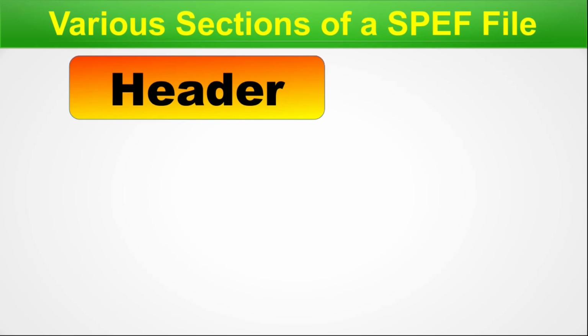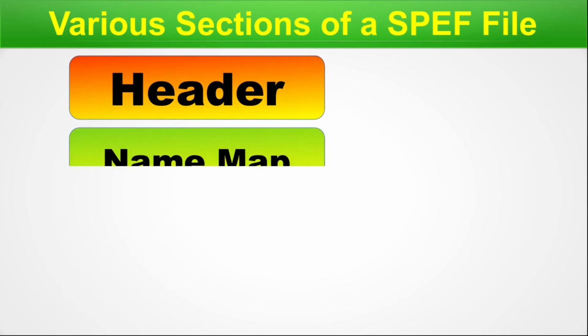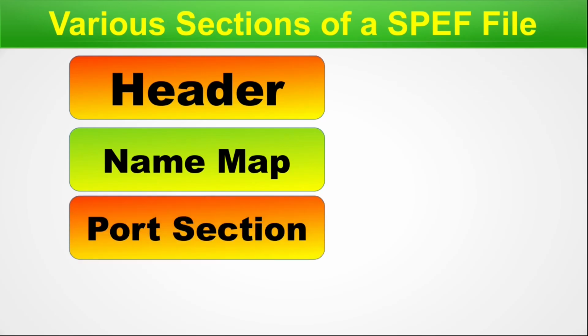Various sections of a SPEF file. The SPEF file is a very large file with a huge amount of data. However, it is divided into 4 distinct sections for clear interpretation. The first section is the header. The next section is the name map. The next is the port section.